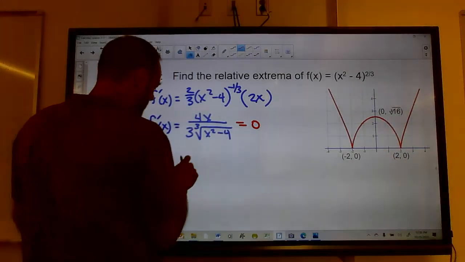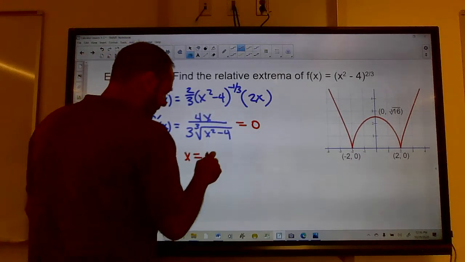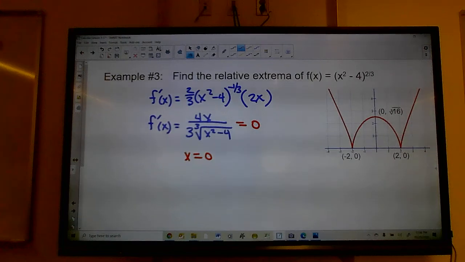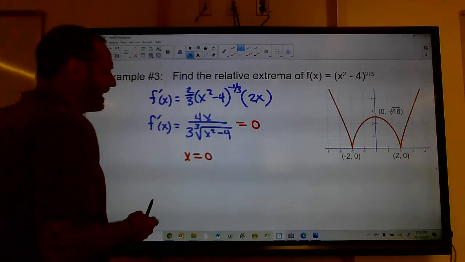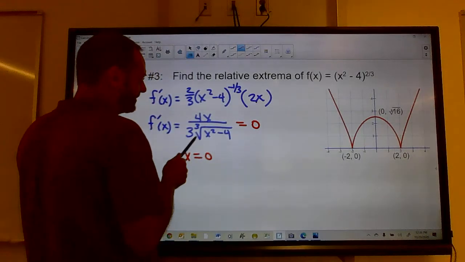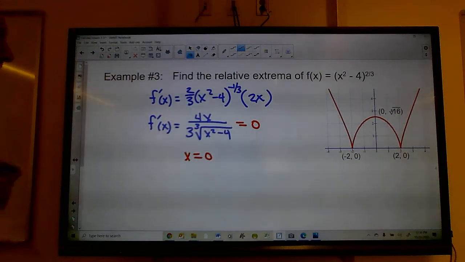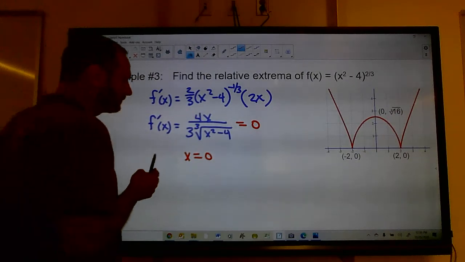It's no problem. So x is going to be 0. That is going to be one of my critical points. My other critical points are going to come from the denominator, when the denominator is 0 and I'm undefined at those points.